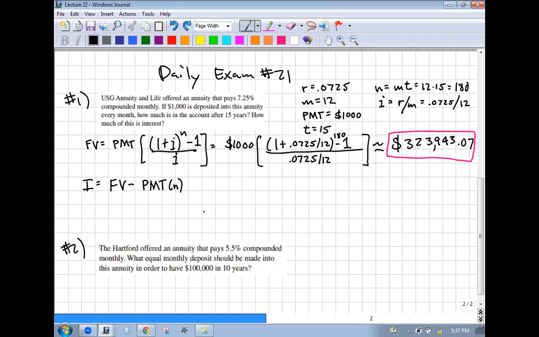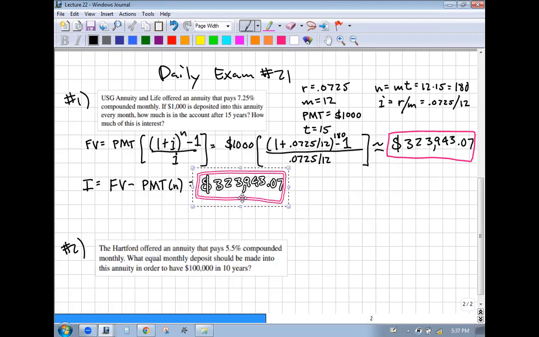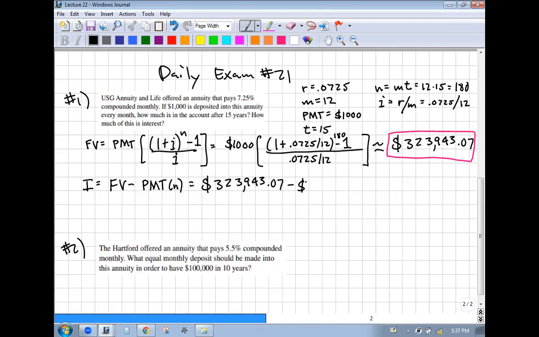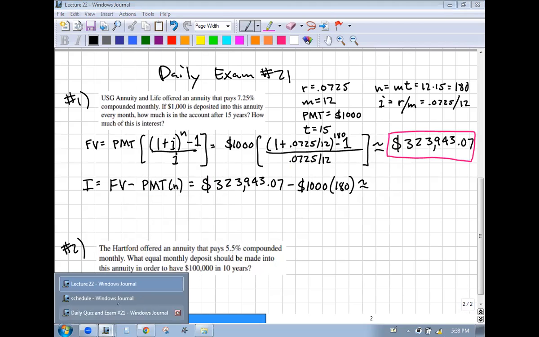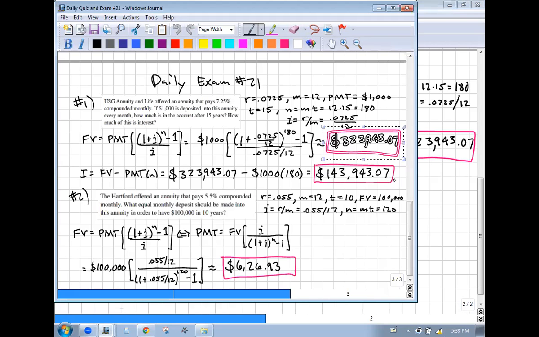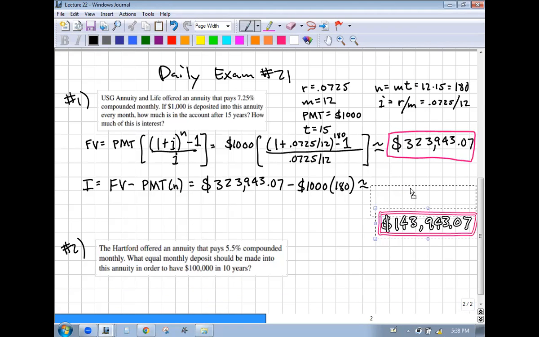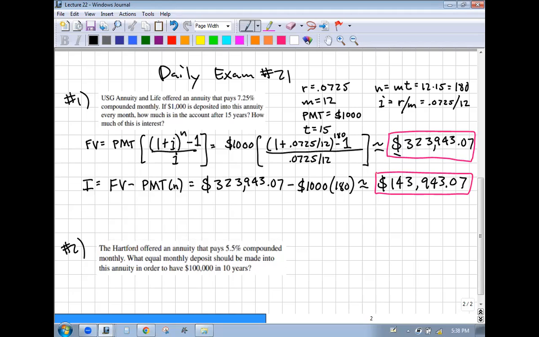Subtract that off the future value, and the rest must be interest. So we have our future value minus 1,000 times 180. And when I plugged that in before, this is what I got, 143,000, which we might have been able to do in our head, subtracting 180,000 from 323.